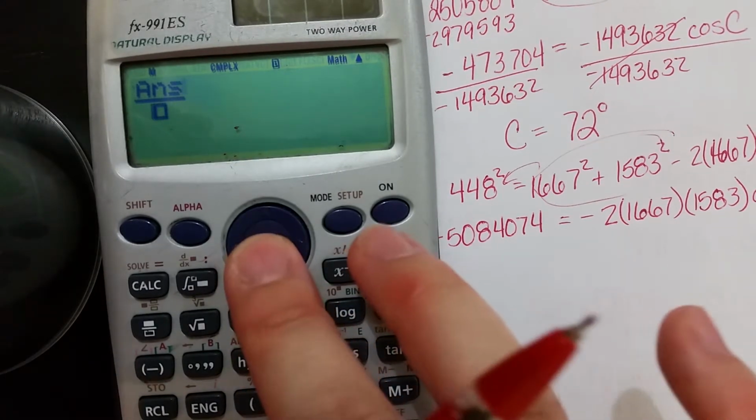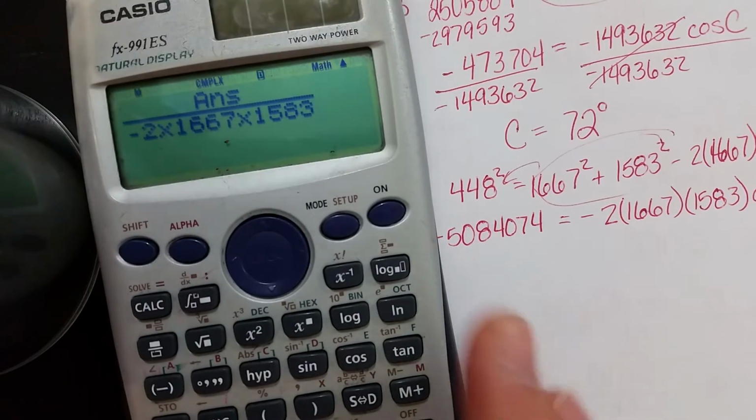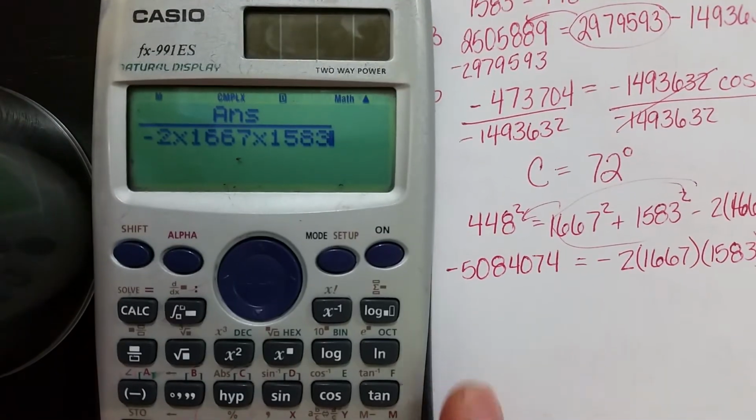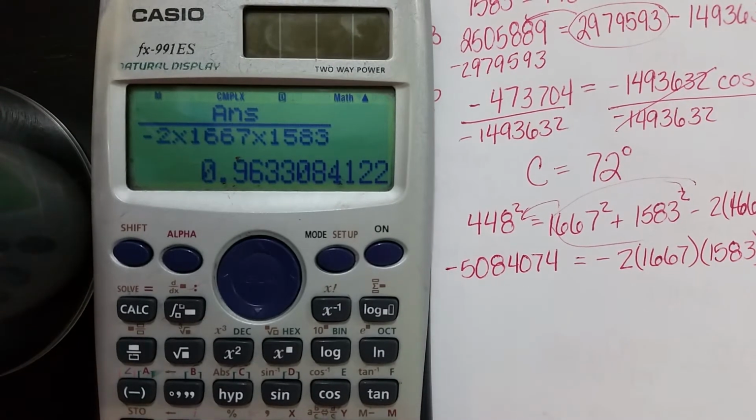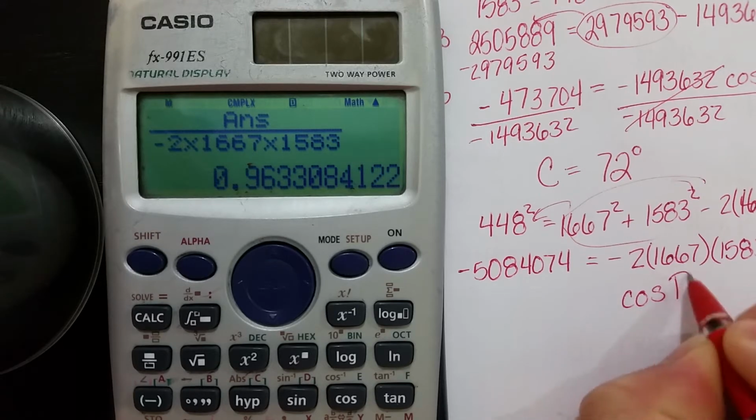So on the bottom I need negative 2 times 1667 times 1583. And since it's all on the bottom of the fraction, you're dividing by the whole thing. And you get this. So this is what cosine of P equals.